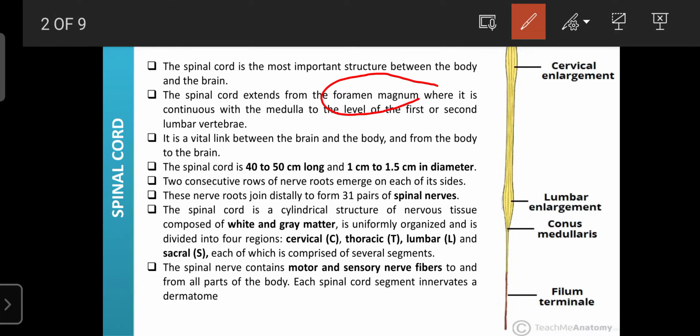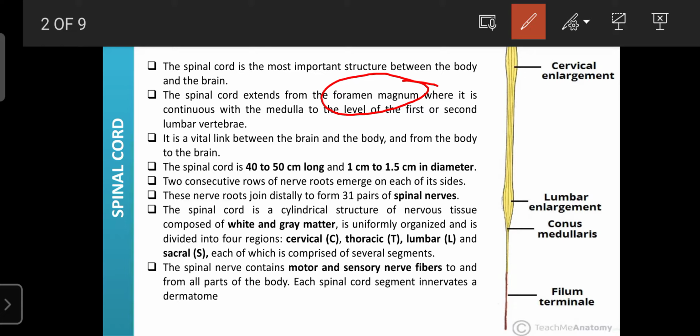The foramen magnum is a hole at the bottom of the skull, helpful for the passage of various nerves as well as blood vessels. Among them, the spinal cord also extends from the foramen magnum and continues along the vertebral column, as the extended part of the medulla oblongata.